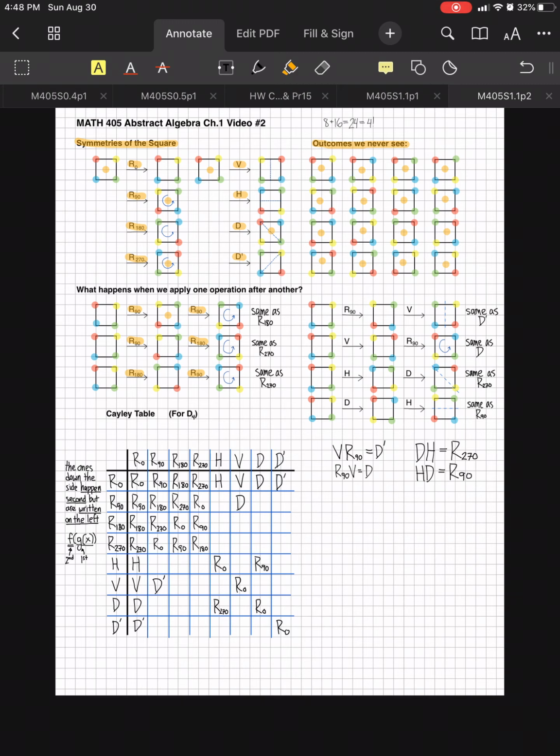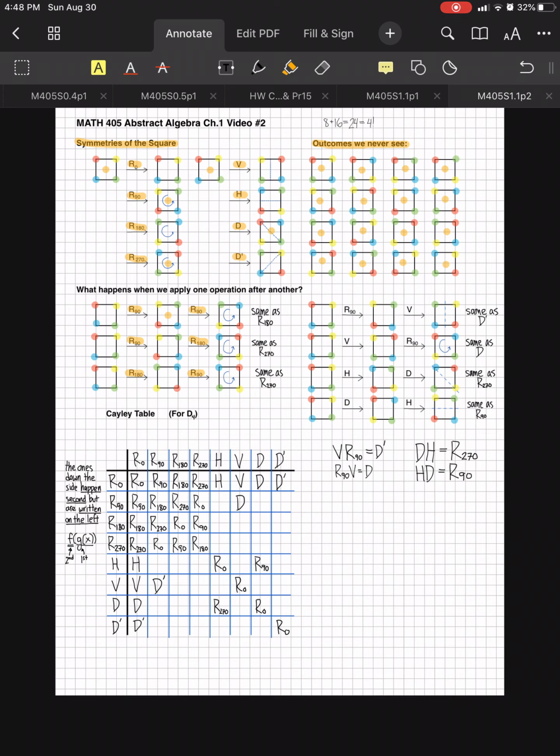What I would like for you all to do is pause this video and do that, but let me give you a couple of hints beforehand. One thing, if you do a Cayley table, every row and column have to be filled with all 8 symbols. So you never have a symbol repeat in a row or column.